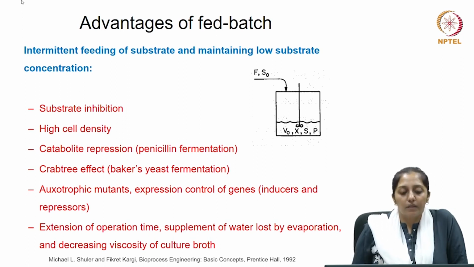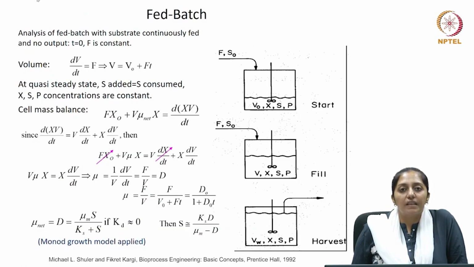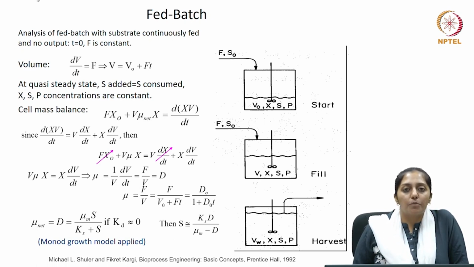So, now after discussing some of the advantages of a fed batch process, let us see how to design a simple fed batch process. Now, if you can see the schematic on the slide, we will make certain assumptions.